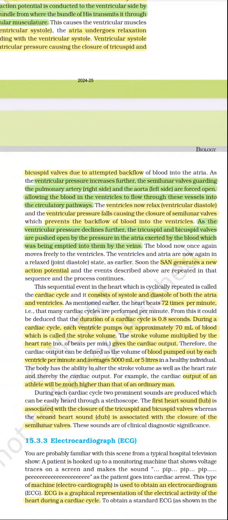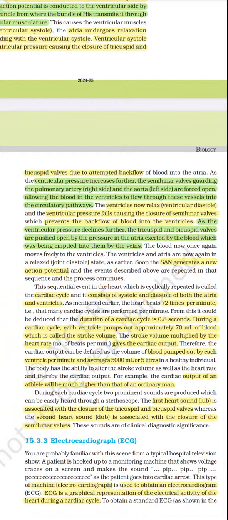Ventricular pressure increases further, and the semilunar valves, the pulmonary artery on the right side and the aorta on the left side, are forced open, allowing the blood in the ventricles to flow through these vessels into the circulatory pathway.